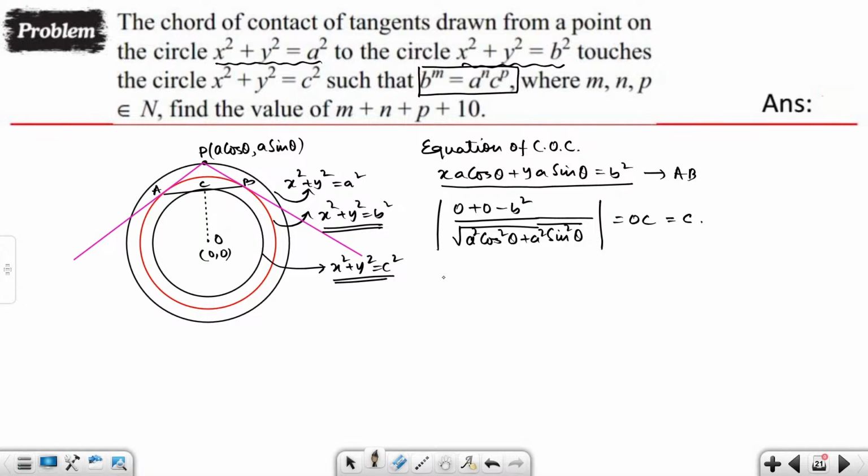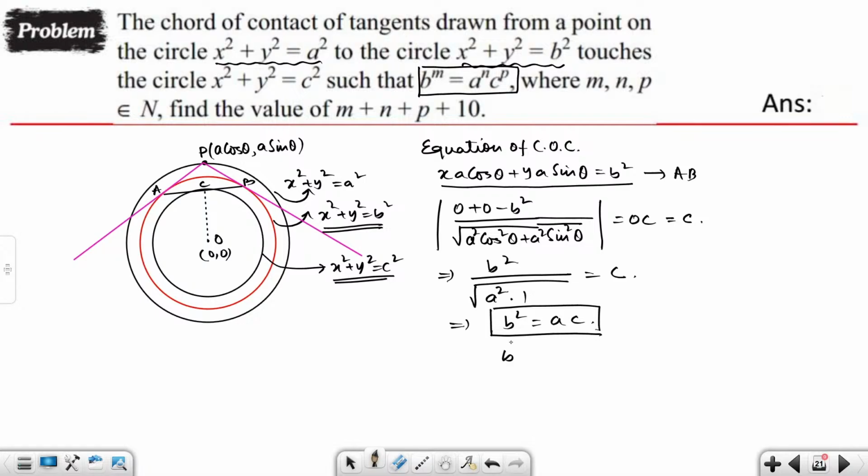Is it clear or not? So what are we going to have? b square divided by, if I take a square common, it's going to give us 1, equals c. So we are having b square equals a into c. Look carefully, I have removed the mod sign. Why? Because a, b, c are the radii of the given circles, so they cannot be negative. So your b square is coming to a times c.